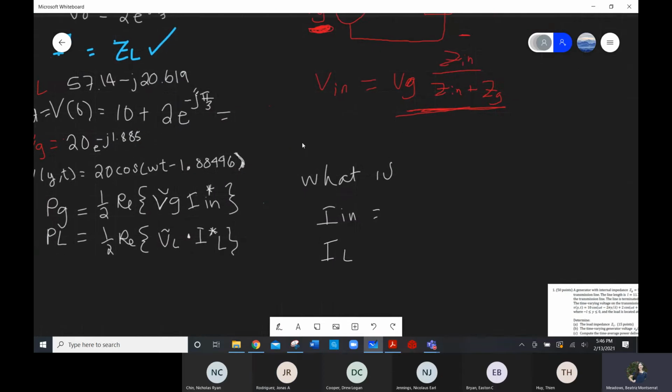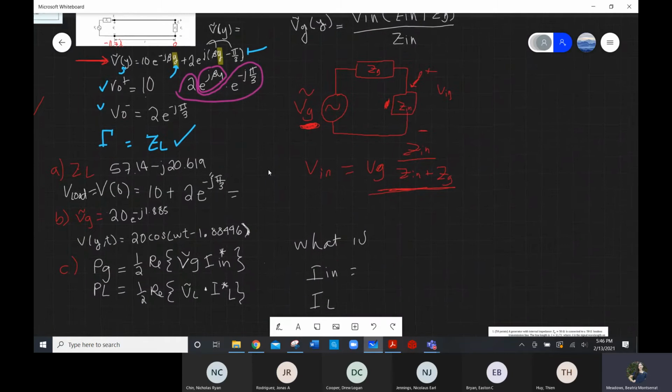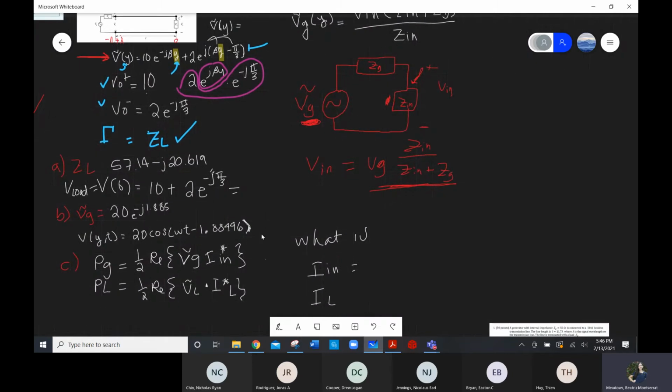How can I find I in from what I've just found recently on the test?